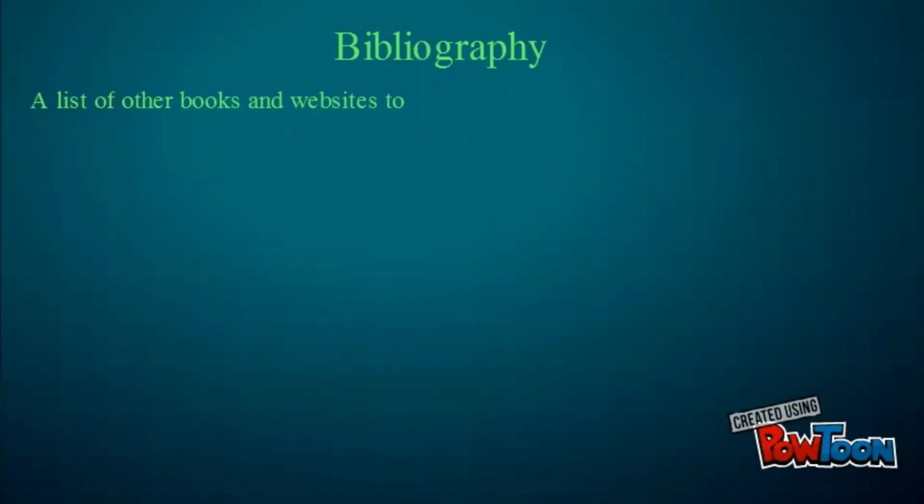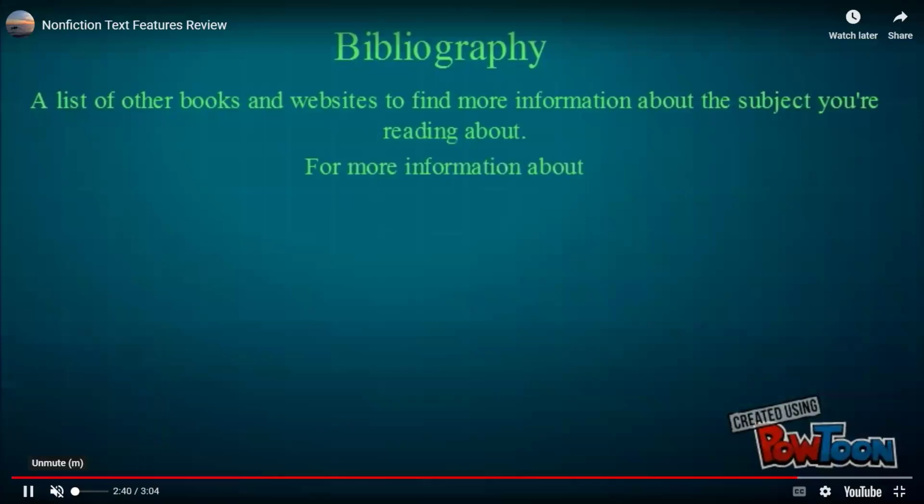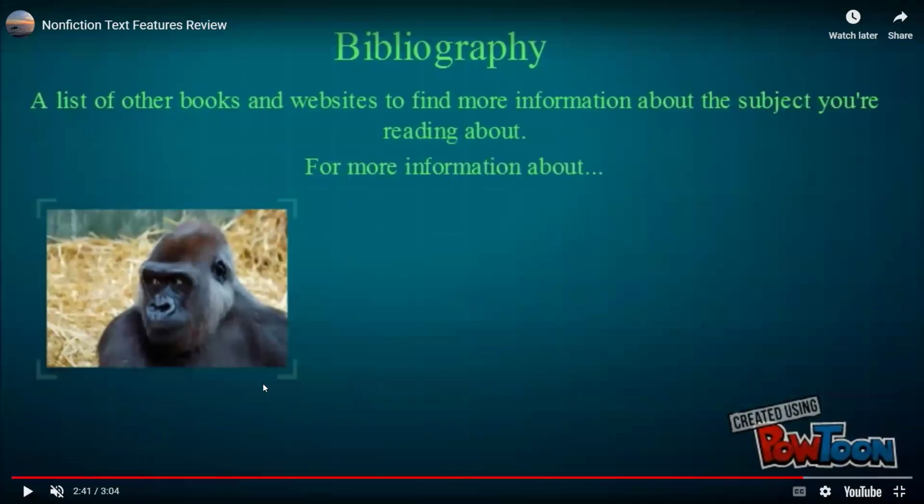Bibliography. Bibliography is a list of other books and websites to find more information about the subject you're reading about. I'm going to stop it there for a second. It's also usually the sources that they used to get their information.